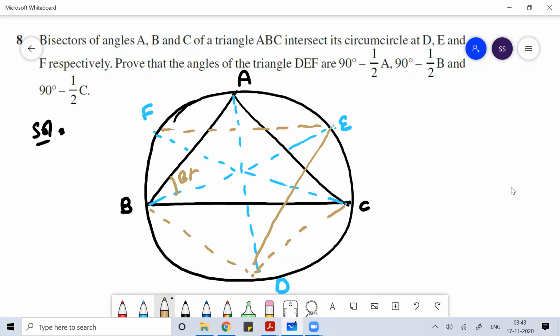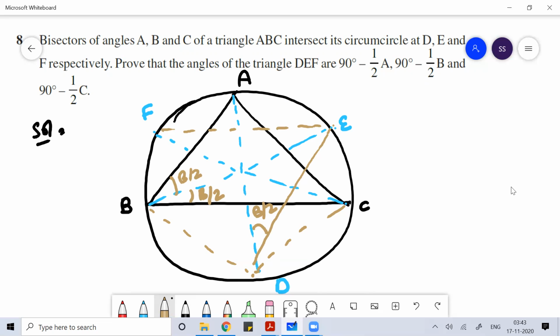Now you see this. This is B by 2. Now you see this, this is B by 2. So this will also be B by 2, since angles in the same arc are equal. This is B by 2.